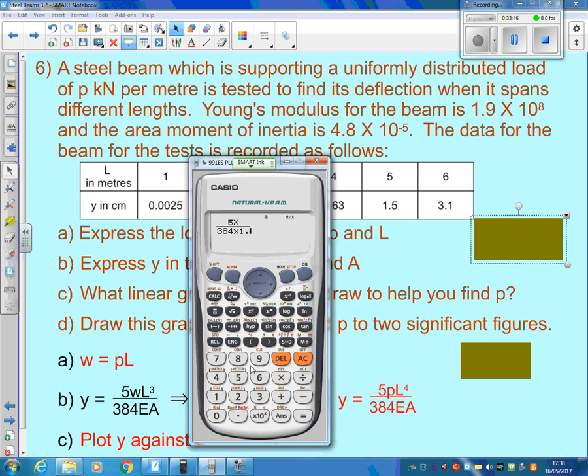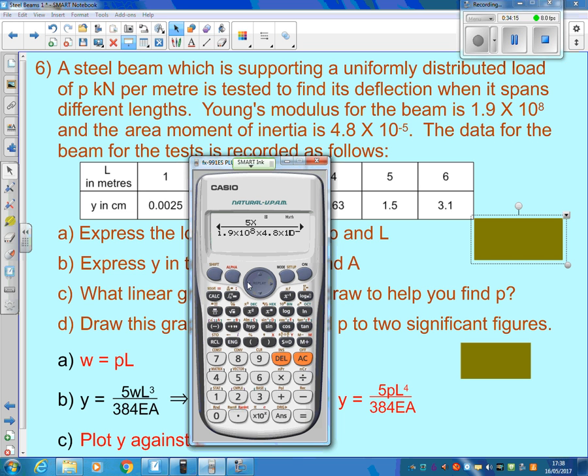I hope I used 1.9 times 10 to the 8 when I worked it out, otherwise I won't have the right answer. Let's see if I did. Times, there's my A, 4.8 times 10 to the power of minus 5. So there's my 5.